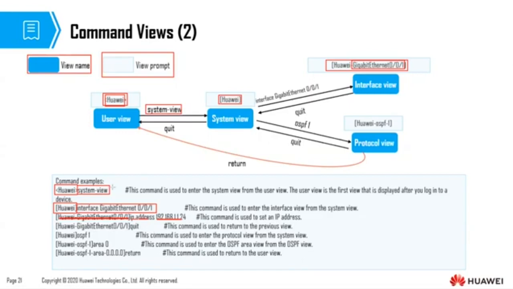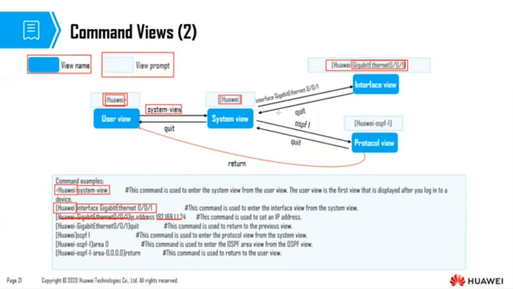Please remember that ip here is the command name, the keyword is address, and the parameters are the IP address and the mask. All of them are separated using a space: ip space address space 192.168.1.1 space 24.